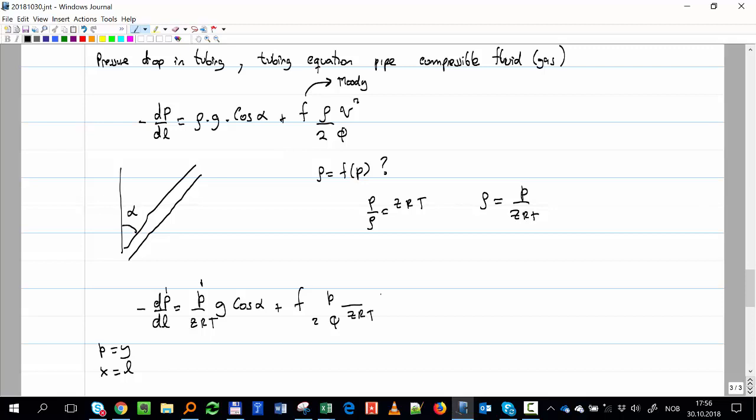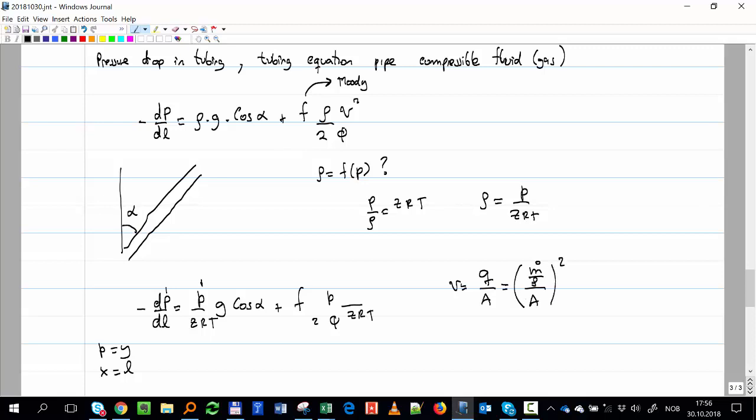But the velocity is also going to change depending on the pressure, depending on the density. The velocity is equal to the flow rate divided by the area, and at the same time this is mass flow divided by density divided by the area. So let's use that expression here for velocity squared.